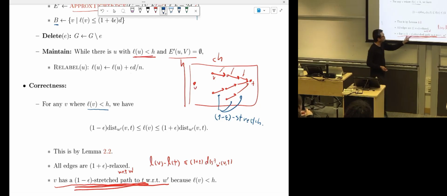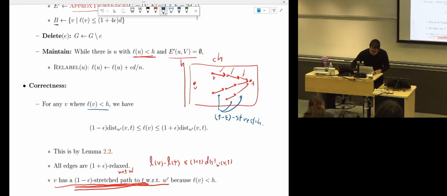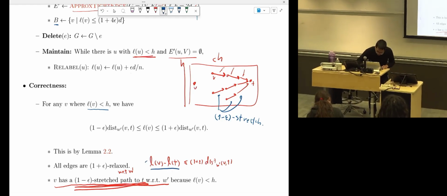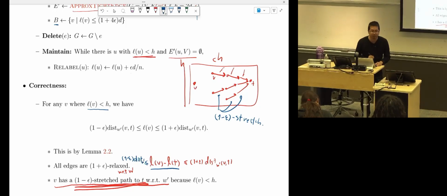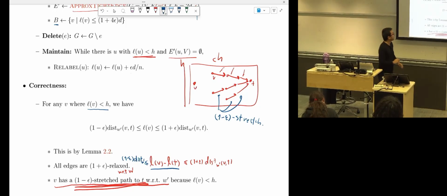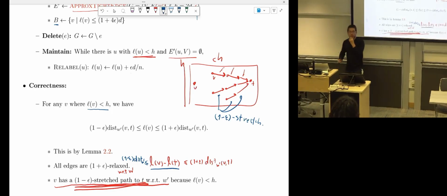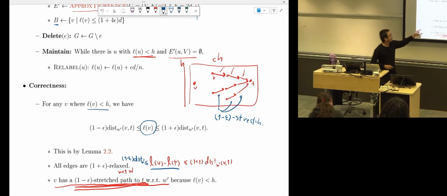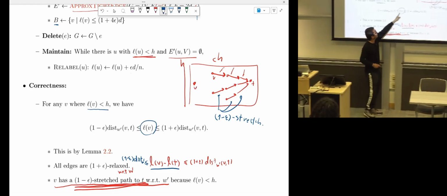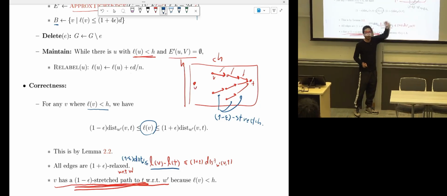So V has this 1 minus epsilon stretch path to T. But if it's almost fully stretched, it means that this thing is at least 1 minus epsilon distance with respect to W prime. So we get this part. Keep in mind that we used to have that this thing is exactly the distance with respect to W prime.